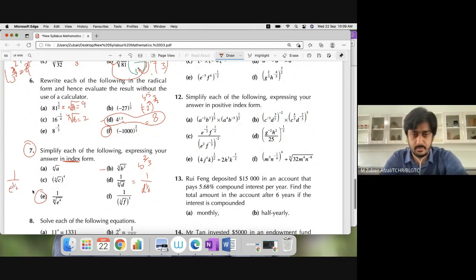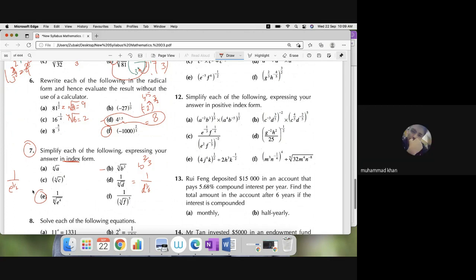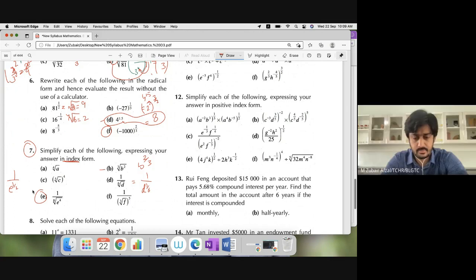Anyone else, if you have a problem in this, you may ask. Sir, why 1? I didn't get it. Look at this. This was 1 over e raised to power 4, and because it was 8th root, this is 1 by 8.